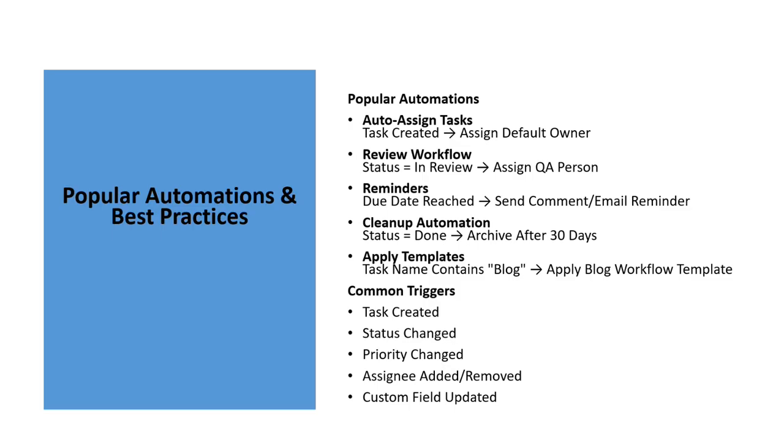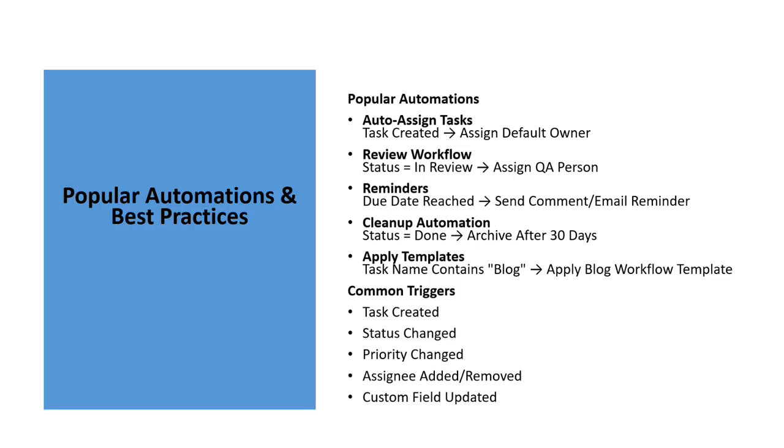A useful feature for beginners is the automation template section. ClickUp provides ready-made automation recipes that can be used immediately without creating rules from scratch.